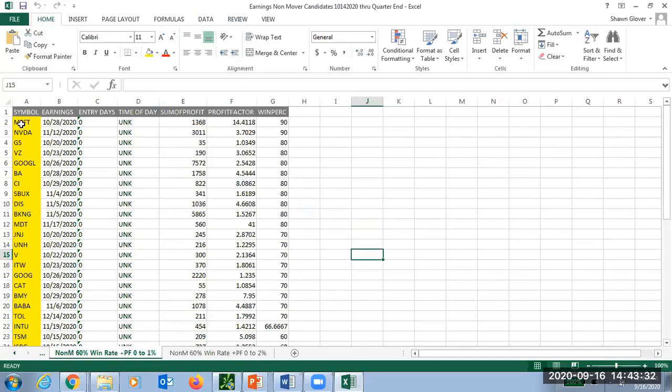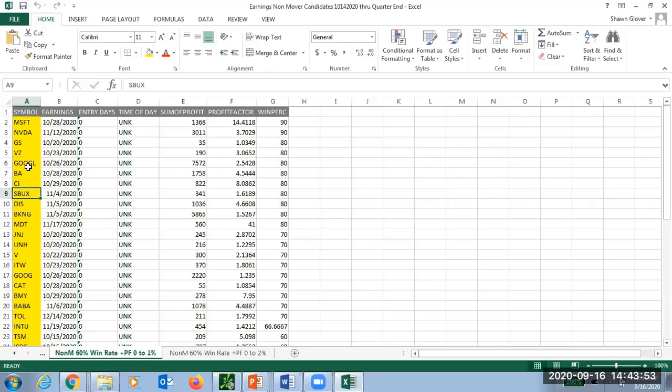You can see some of these, like Microsoft, earnings coming out on 10/28. We can see that it has a 90% win rate, 14.41 profit factor.